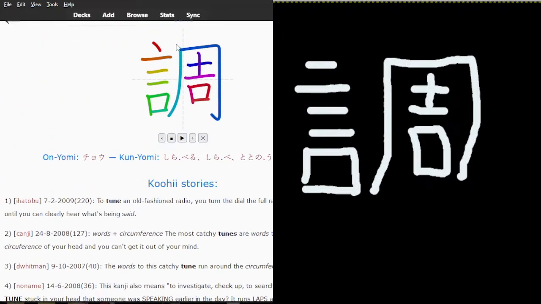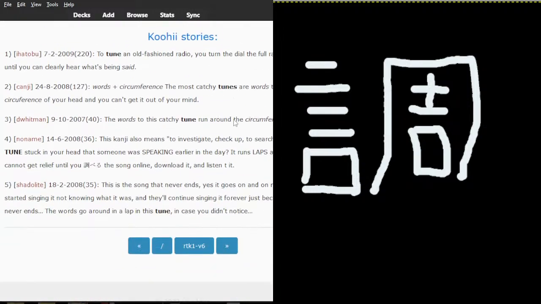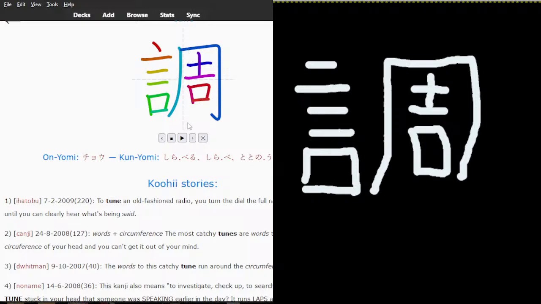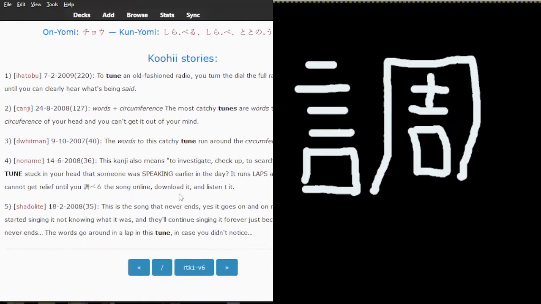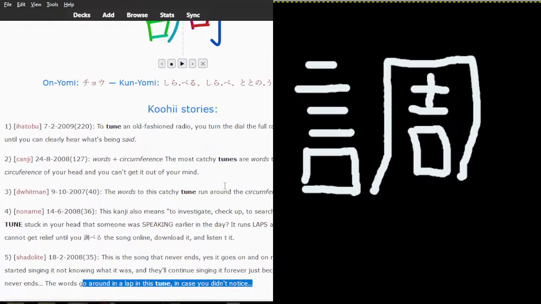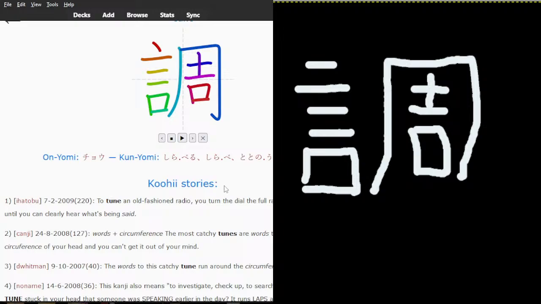So yeah, circumference, lap is sort of how this is understood. The part on the right, and then say. Word plus circumference.